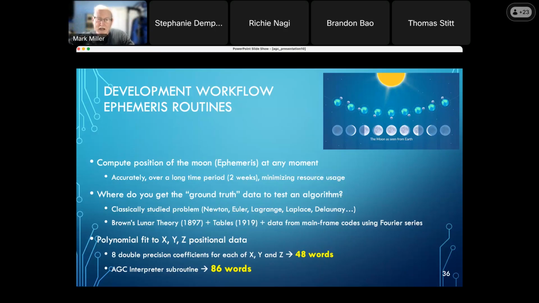They get highly accurate data for that. And then they develop a polynomial fit to that. And it's that polynomial fit that would ultimately be put into the fixed memory in the machine. And then there's the subroutine you could call that would run that polynomial fit at any moment and tell you where the moon is.